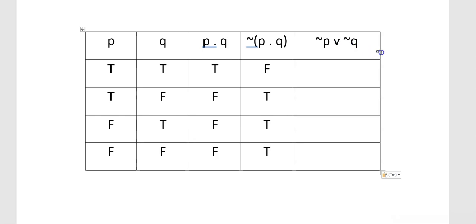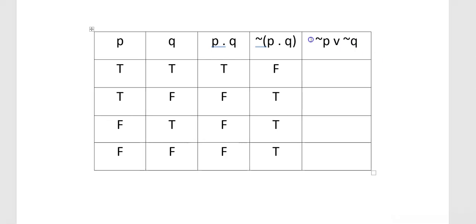To understand the value of negation P wedge negation Q, you need to refer to the principle of disjunction. And there you have learned that a disjunction is either true or false. Now, under what condition is a disjunction false? It is false only in one condition, and that condition is that all the disjuncts are false.